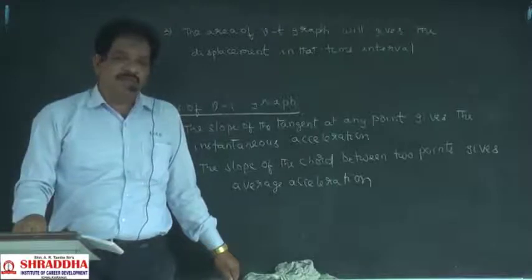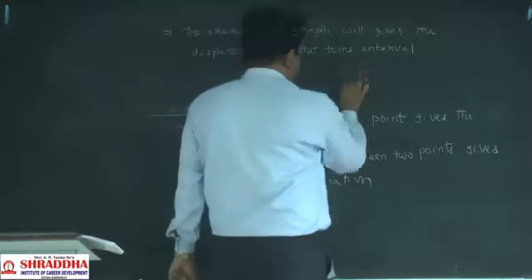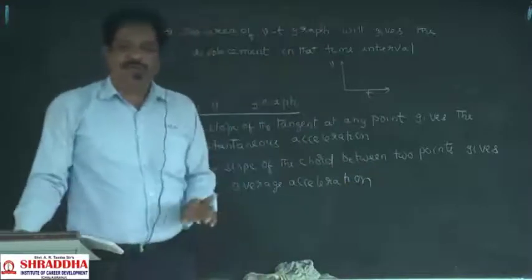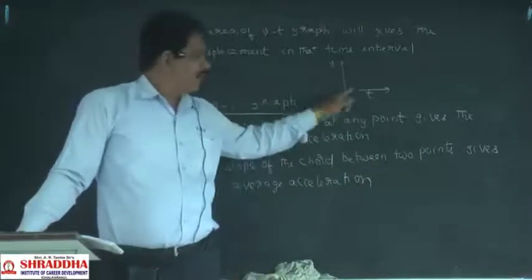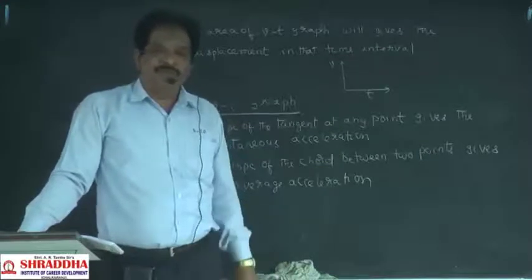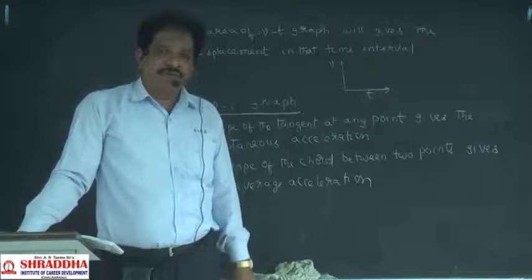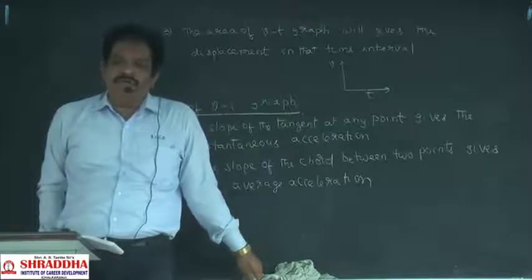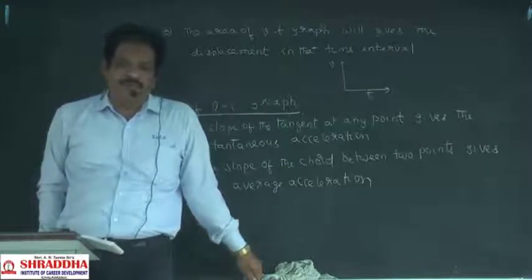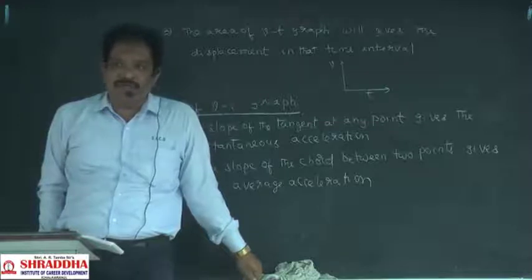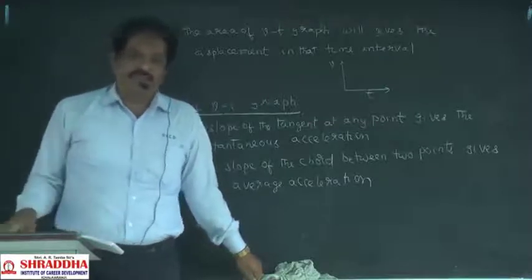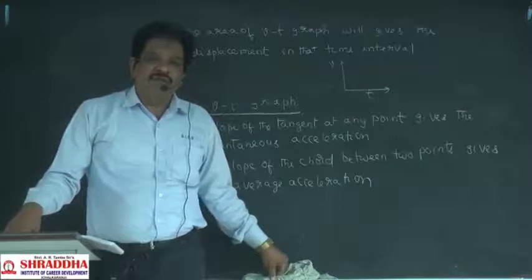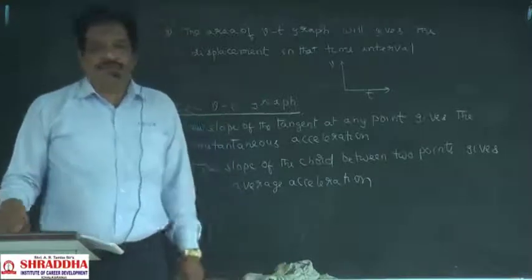What is the meaning of that? If you draw a velocity time graph, area means you have to multiply the two quantities. Velocity into time is obviously displacement. Slope means you have to divide these two quantities. V by T is equal to acceleration. Simple to remember, right? Slope means quantity on the y-axis by quantity on the x-axis. V by T is equal to acceleration. Area means V into T, and that value is equal to displacement.